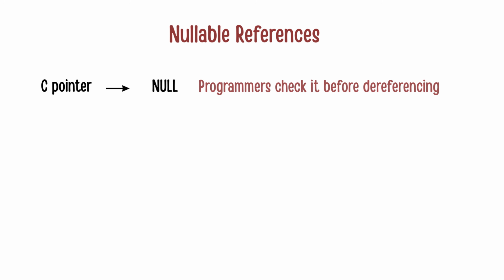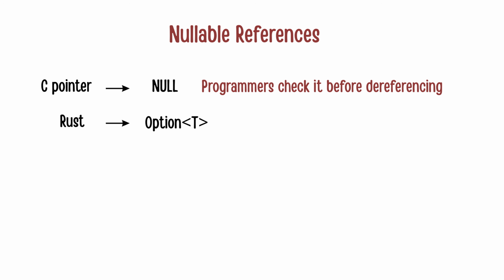The researchers also looked at nullable references. In C, a pointer can simply contain null, and the programmer is responsible for remembering to check it before dereferencing. Rust takes a much more explicit approach. A nullable value is typically represented using Option<T>. This forces the programmer to acknowledge the possibility that the reference may not exist. In many situations, this can be implemented as a zero-cost abstraction.